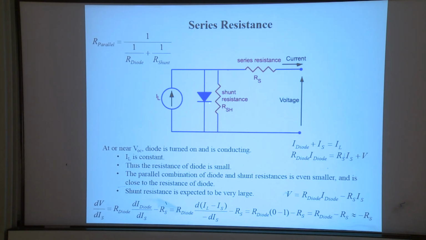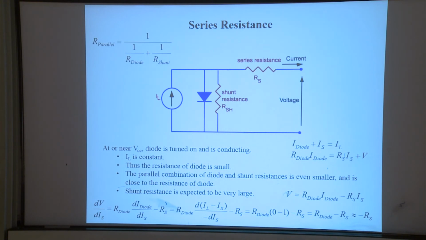Since the diode is activated, its resistance is very small. So the parallel combination of the resistance of the diode and shunt resistance will be even smaller than the smaller one. So it's very close to the diode resistance, since this is much smaller than shunt resistance.